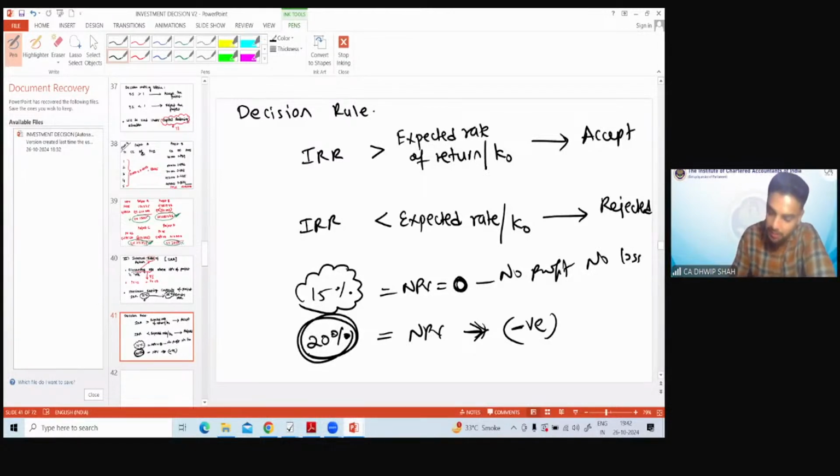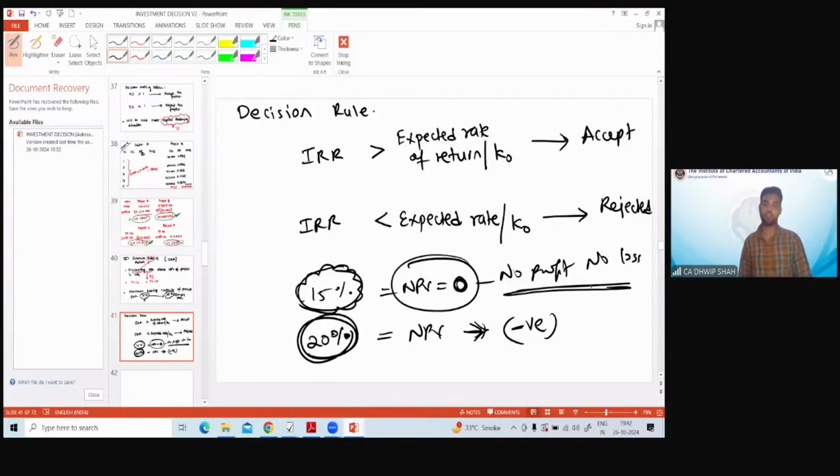So ये हुआ ना, उसका मतलब कि 15% is the maximum earning capacity, because at 15% you are at no profit no loss. Yeah, are you following? At 15% you are at no profit no loss. NPV is 0. If you increase that rate, if your expectation is beyond that rate, now NPV will fall, because higher the discounting rate, lower will be the present value.